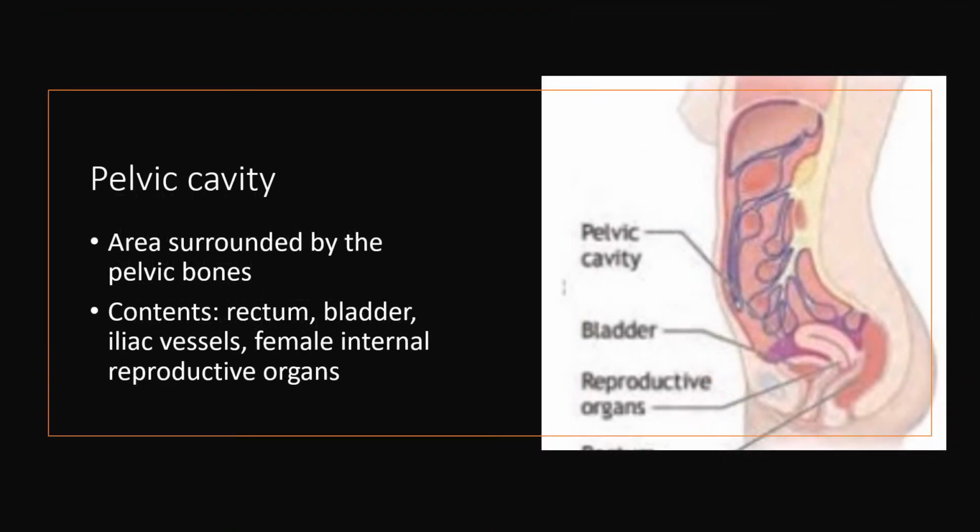For pelvic cavity, it's actually an area surrounded by the pelvic bone, okay, in front and also back, right? Content dia you have to remember ada rectum, ada bladder, ada iliac vessels, ada basically female internal reproductive organs juga. Okay.